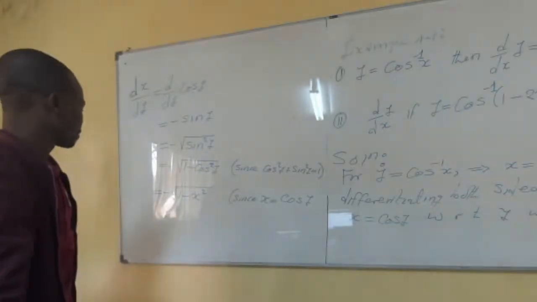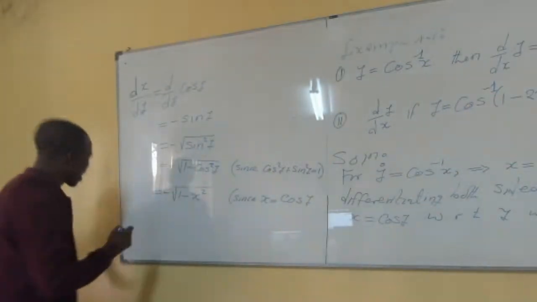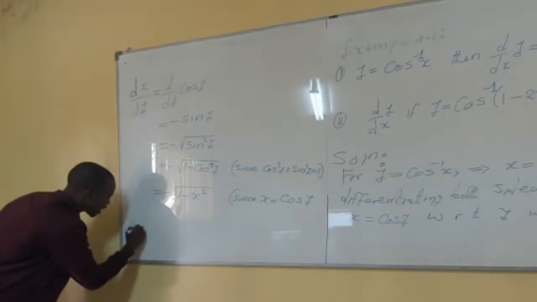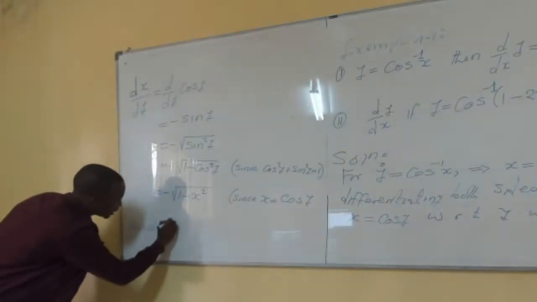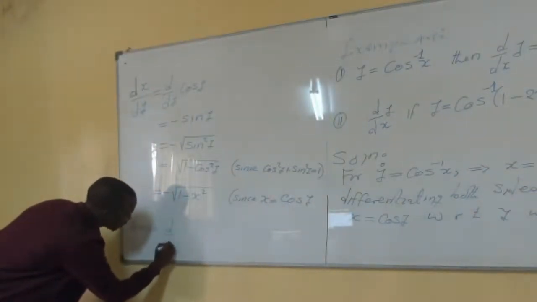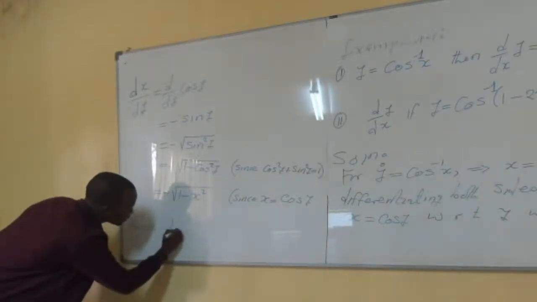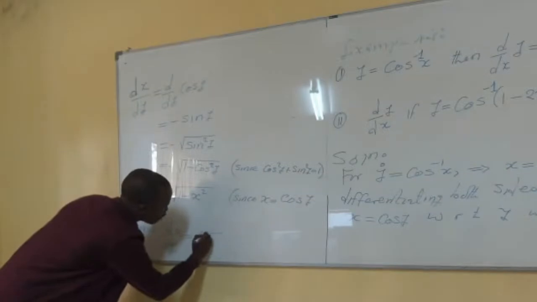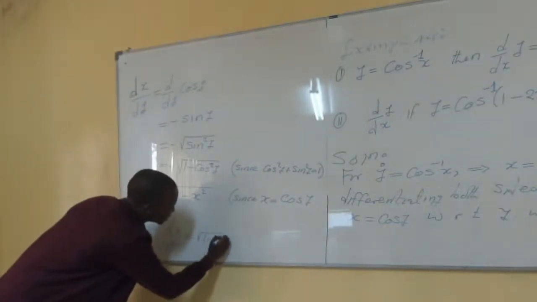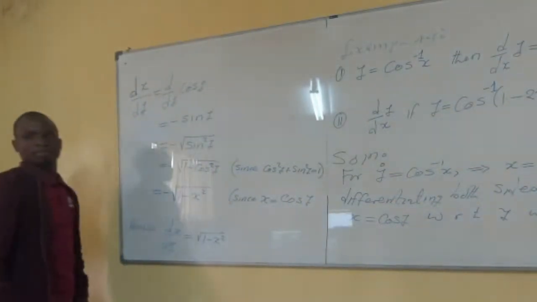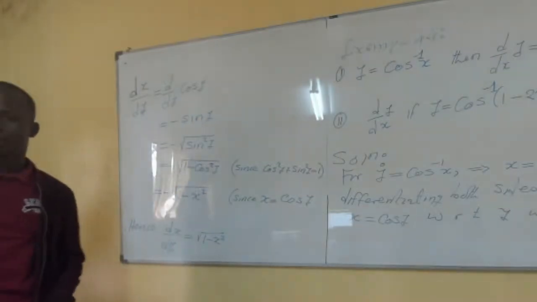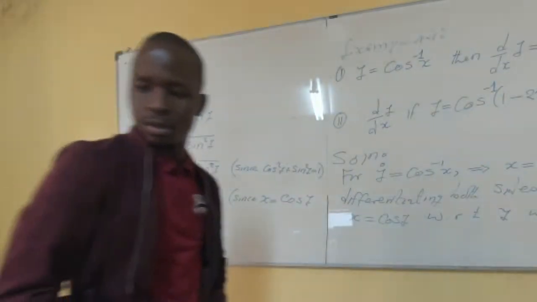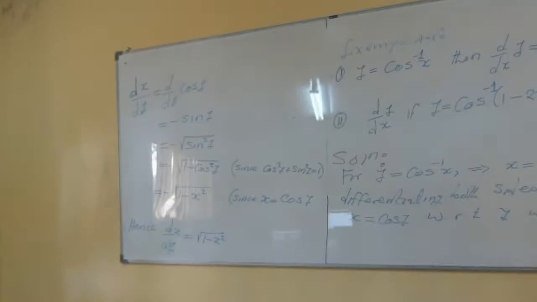Hence the derivative of x with respect to y is equal to the negative square root of 1 minus x squared. This is what we are going to get.